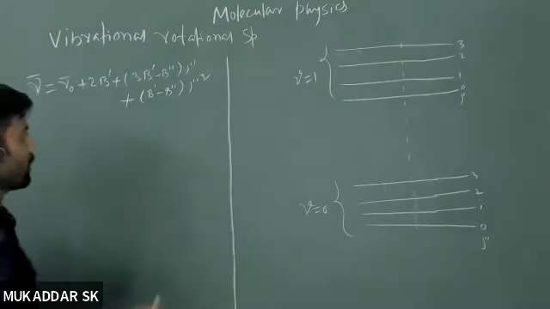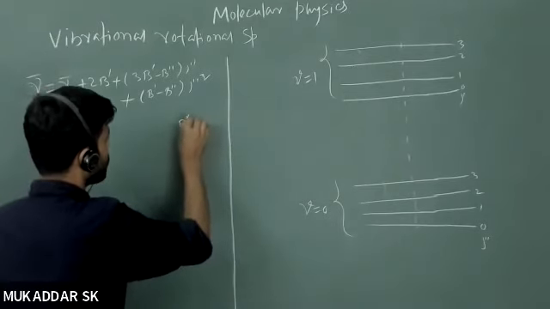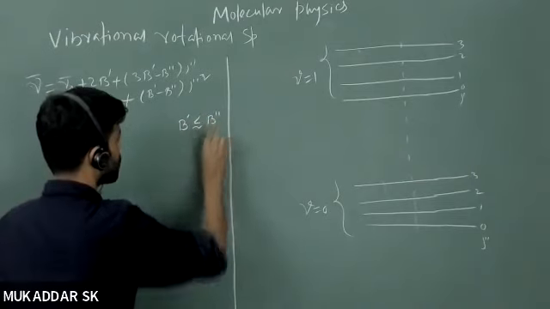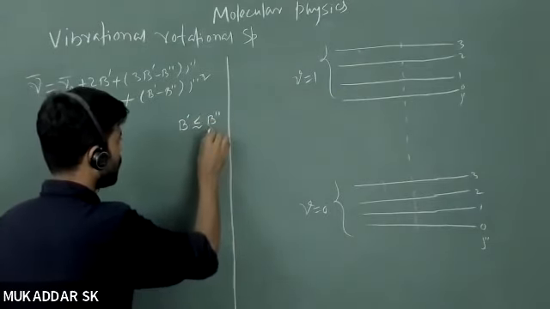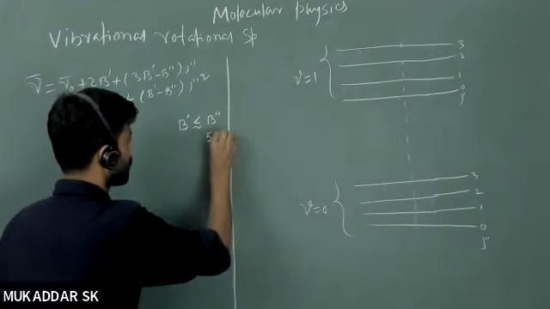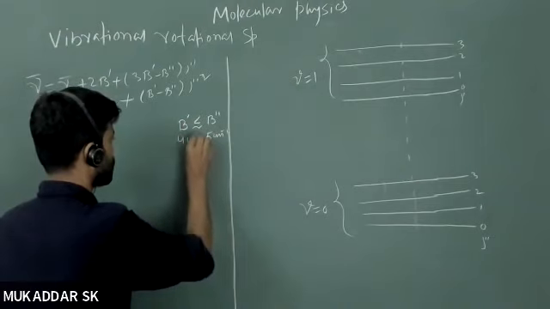So B' is almost close to B''. Let us take a rough example: if B'' is 5 cm⁻¹, B' will be around 4 cm⁻¹.